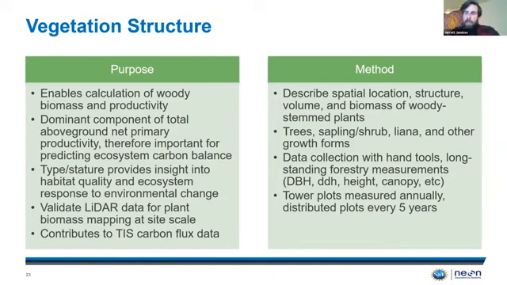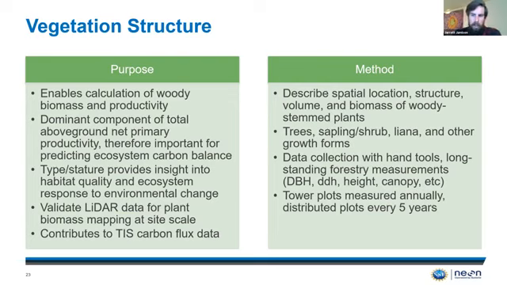Vegetation structure. The measurement of vegetation structure and the mapping of freestanding woody stems within our terrestrial observation system plots enables calculation of per stem, per plot, and site level woody biomass and productivity. Within tower plots, woody biomass increment is often a dominant component of total aboveground net primary productivity.